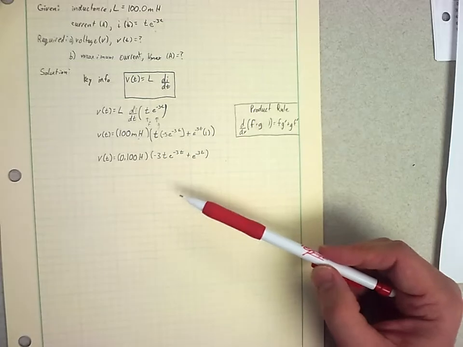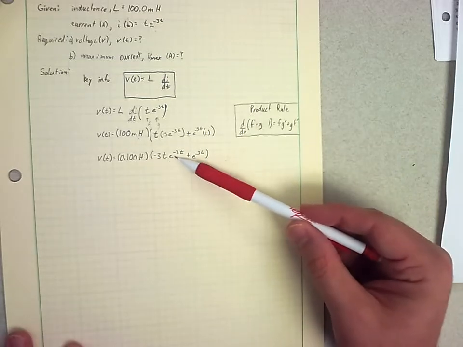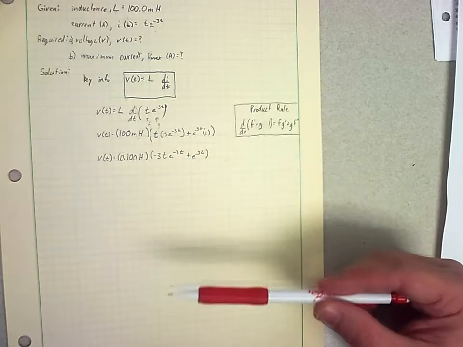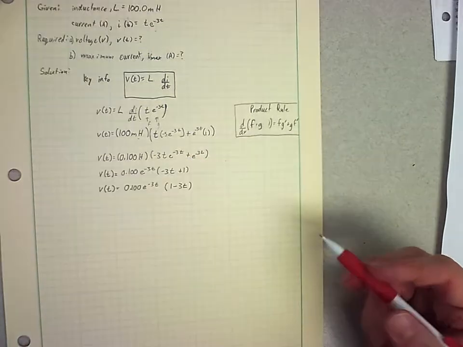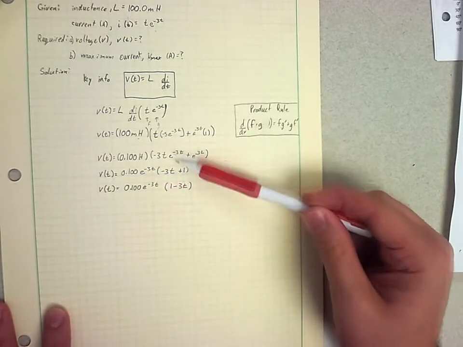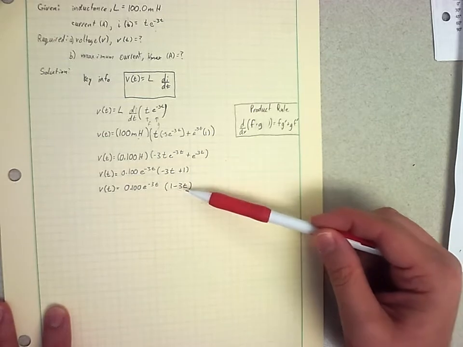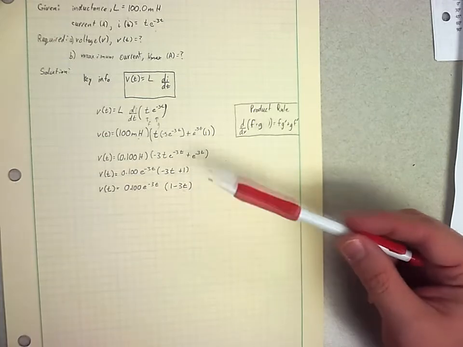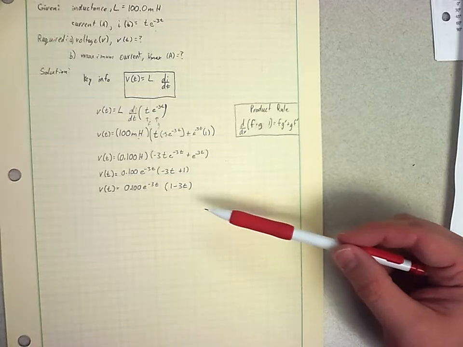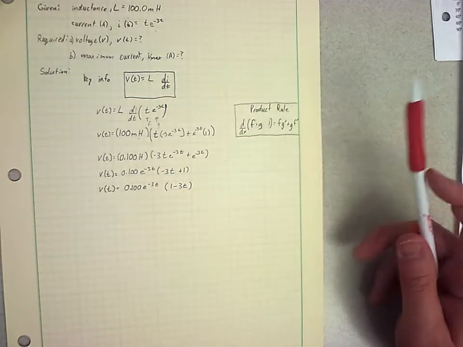Another thing that would make this easier to see is that I've got negative 3, e to the negative 3t in both these terms, so I can factor that out as well. Factoring out the e to the negative 3t, I'm left with negative 3t here and plus 1 there, or I can rewrite that as 1 minus 3t inside the parentheses just to make it look a little bit better. And so there we have an equation for voltage, which is what part A asks us.